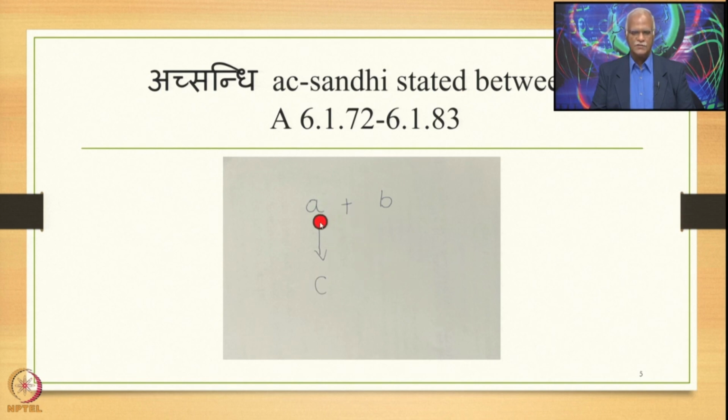A is the substituent, the sthani, and C is the substitute and the adesha. This first type of sutras are stated in this section from 6172 onwards up to 6183.